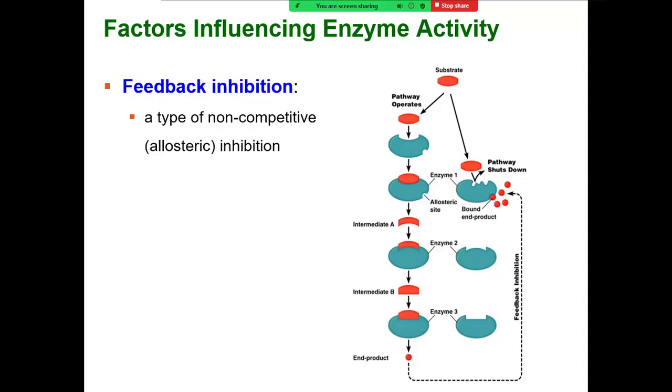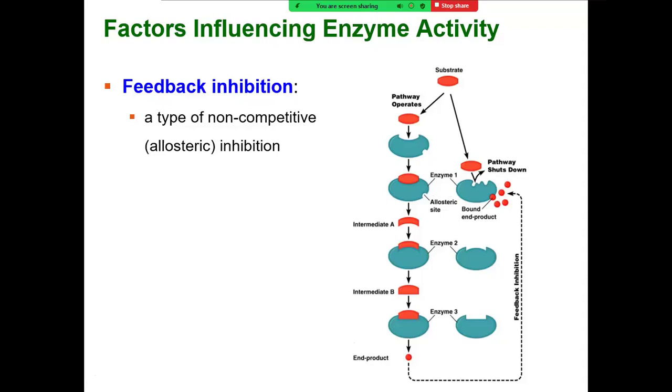Normally in cells, we always see feedback inhibition where the end product itself of the chemical reaction binds to the first enzyme. The reason why is because the cell can easily control how much end product is made if the end product is serving as feedback inhibition, and that end product always binds to the first enzyme, because if you shut down the first enzyme, you are more efficient for the cell, you're using less energy.